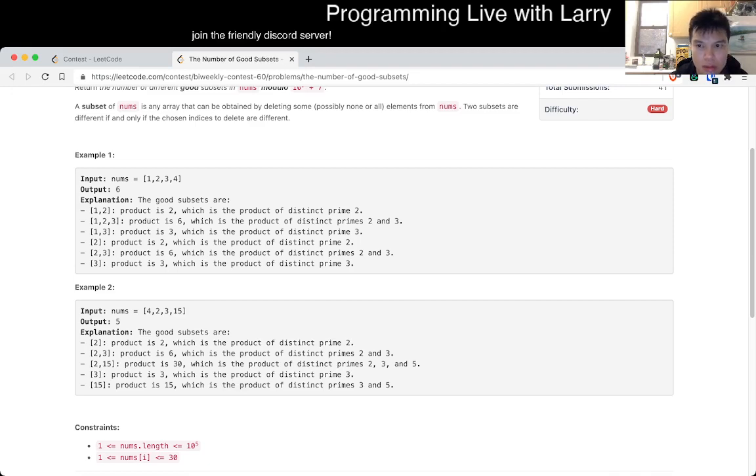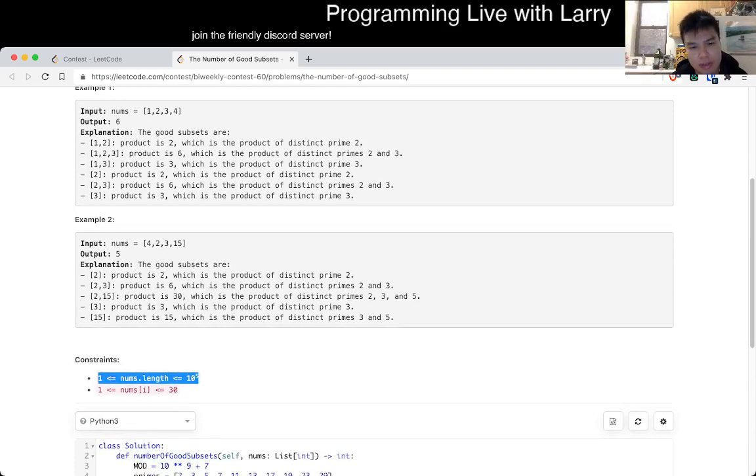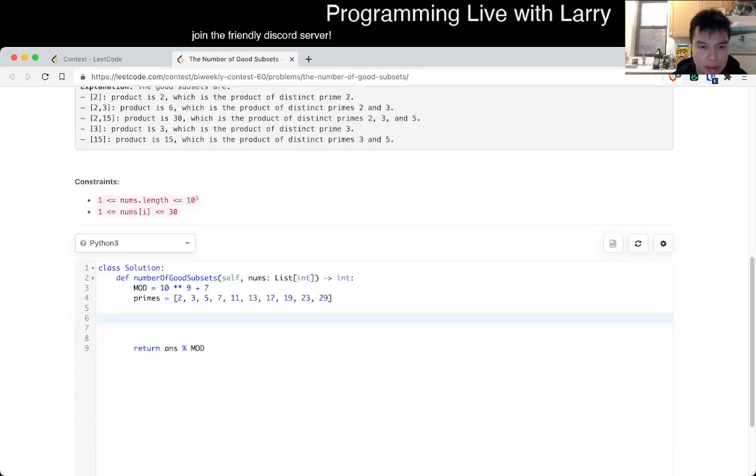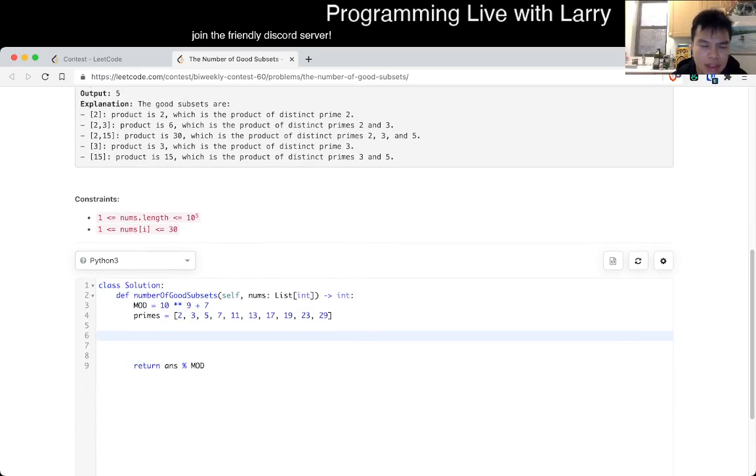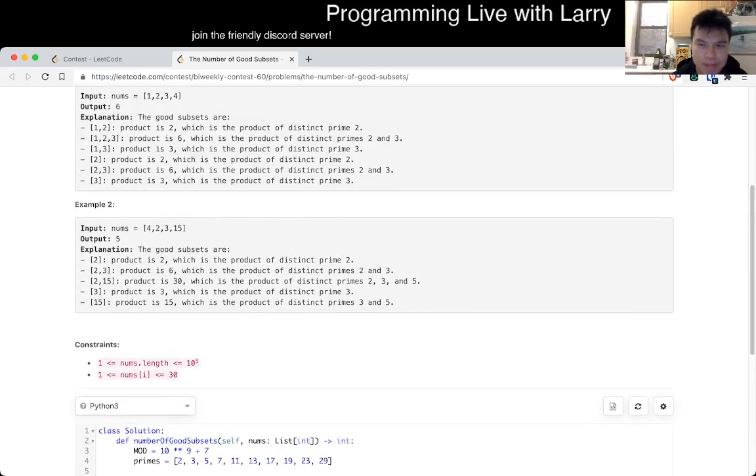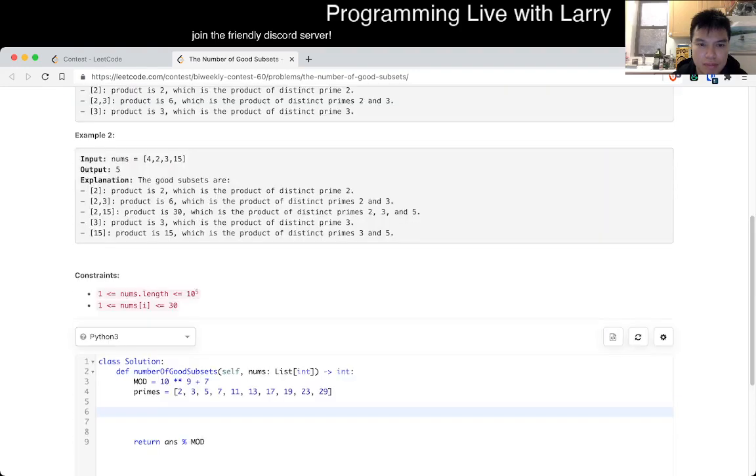Let's see. Like n doesn't even have to be 10 to the 5th though. I don't know why they do it this way. Is there a smarter way? 100 million is pretty slow in Python though.